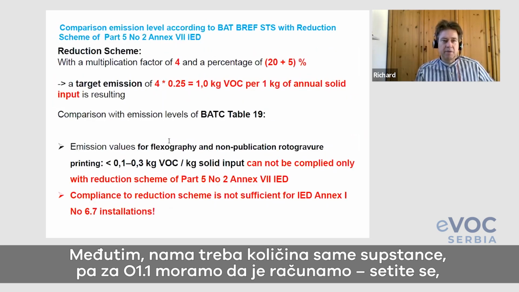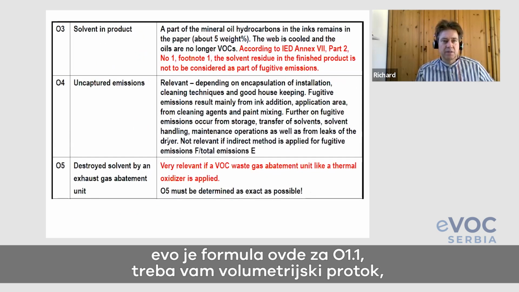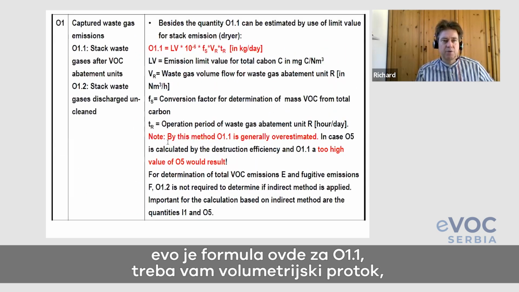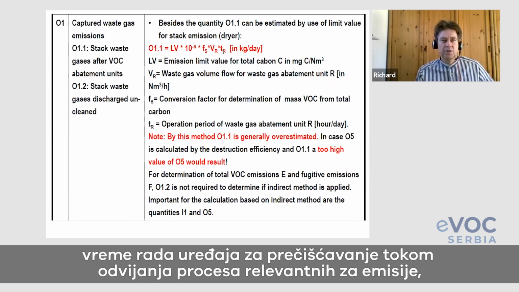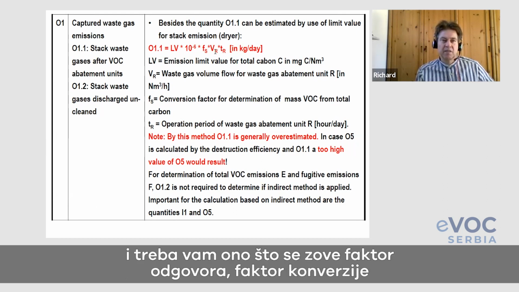That means, remember, you find the formula here. That's the formula for O11. You need the volume flow, you need the time of operation for the waste gas during which emission-relevant processes have been carried out.